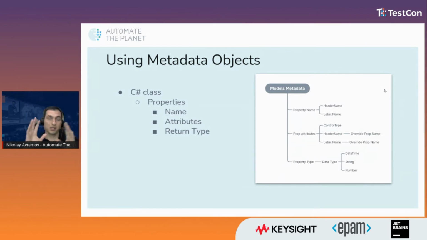It sounds a bit fantastic or too complex, but all it is is a C# class that has a couple of properties. In this case, each property represents a field on the page or something like the header of a grid or a table.